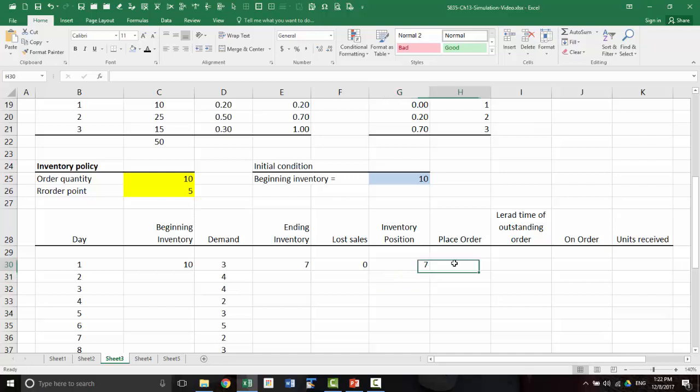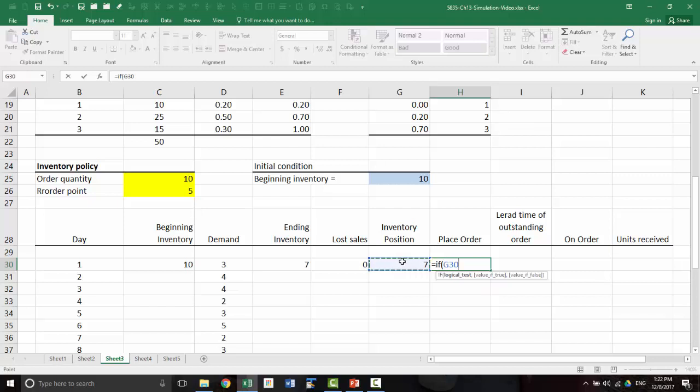Now we compare that inventory position to see whether we need to order or not. So we can say if that inventory position is less than or equal to the reorder point, and that should be absolute referenced, then we will place an order.